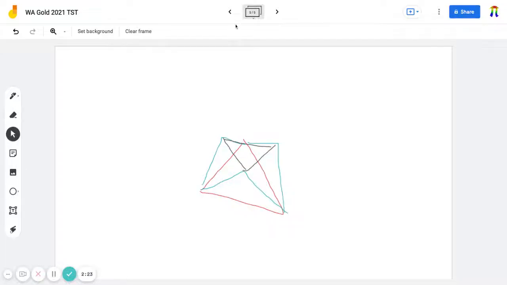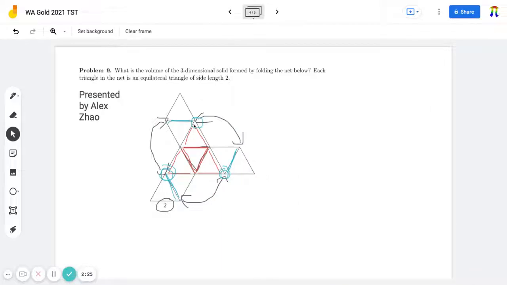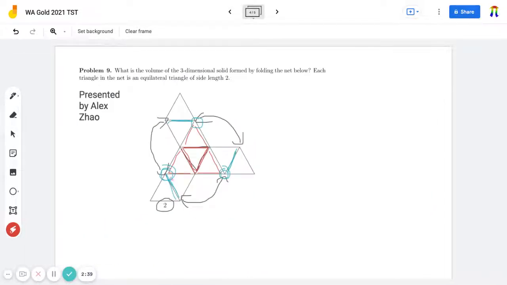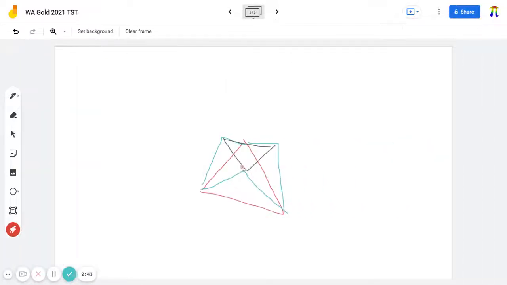In particular, they are these triangles here. These ones. And then the black edges are ironically the edges that are marked in blue here, the ones that connect these vertices.